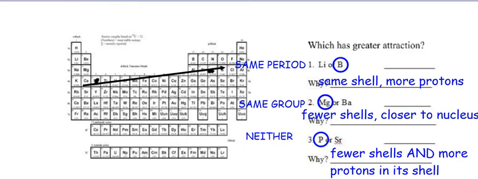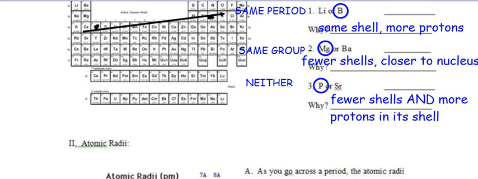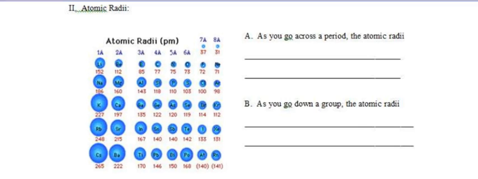So let's check this out here. Here's a graph. Just looking at a graph like this, as you go across the period, the atomic radii does what? Well, just look. It's getting smaller, isn't it? So why do you think it's getting smaller? What do we know as we go across the period? Look at your periodic table. You have more protons in that nucleus, therefore you have greater attraction.